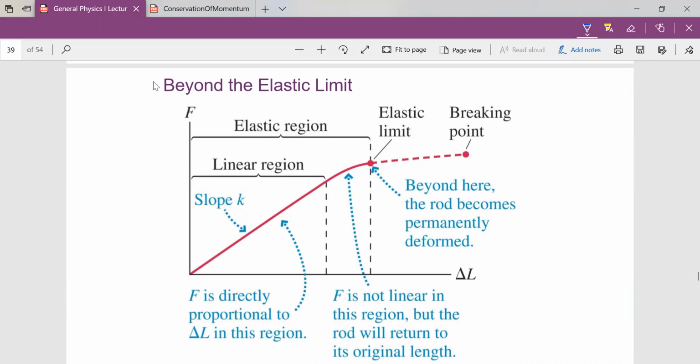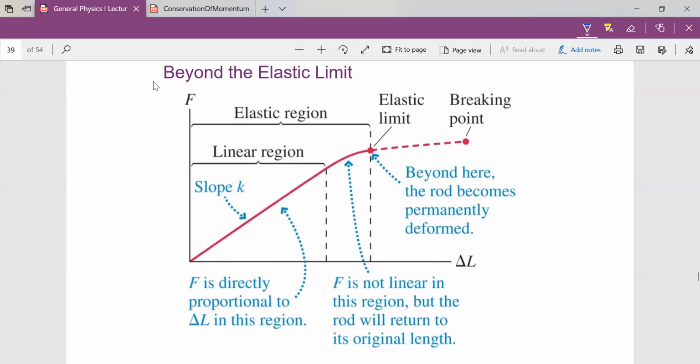Now, when you apply force to a stretching or compressing material, it gets to a point where it becomes permanently deformed. It does not have the ability to return anymore to its original shape. At that point, we bring in what we call the breaking point, that is going beyond the elastic limit.